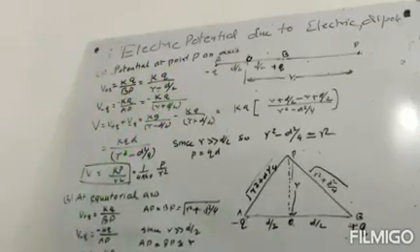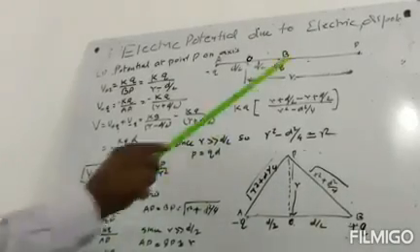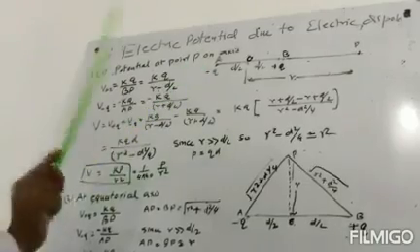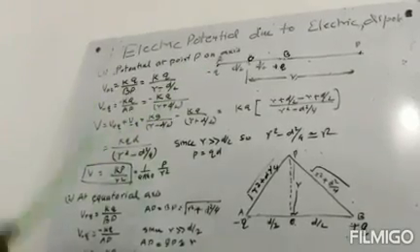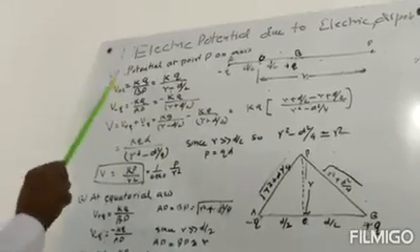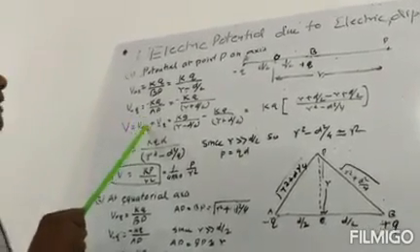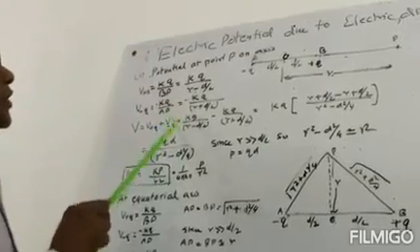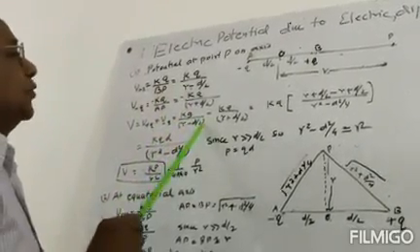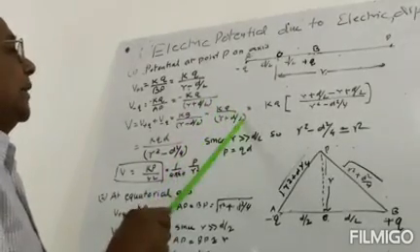Now, since the electrical potential is a scalar quantity, the total electrical potential at point P will be the algebraic sum of the potentials due to the positive and negative charges. So V will be equal to V plus plus V minus, that is kq by r minus d by 2 minus kq by r plus d by 2.